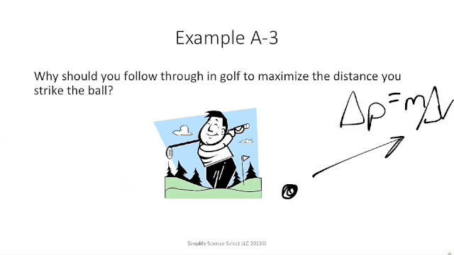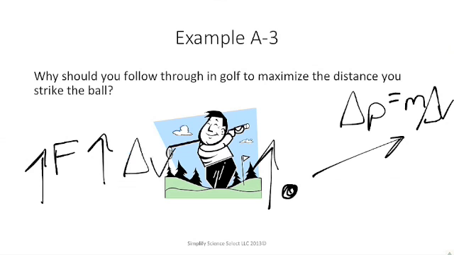Well, the first thing that you can do is swing hard. And I know that doesn't always work in golf because when you swing hard, you miss the sweet spot and all that kind of stuff. But for our purposes, the harder you swing, the more force you're applying on the ball, the greater acceleration it's going to have, and the more it's going to change velocity. So when you increase the force, you increase the change in velocity.